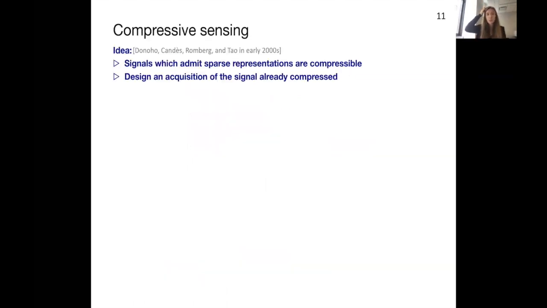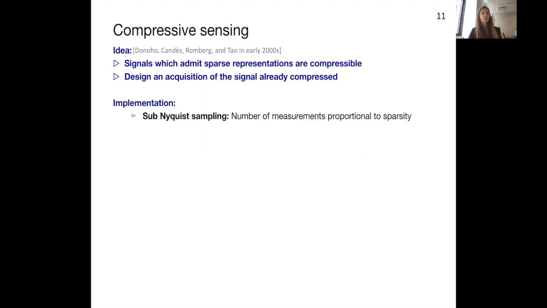Compressive sensing was proposed in the early 2000s, and the idea is that if signals admit sparse representations, they are compressible, and then we should be able to design acquisition methods that would directly acquire the signal in a compressed representation. The implementation of that will involve some sub-Nyquist sampling, meaning that the number of measurements we are going to take is not proportional to the size of the signal and the level of the resolution we want for the signal, but is related directly to the level of sparsity of the signal.